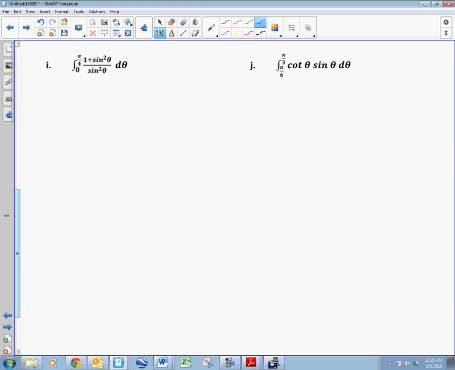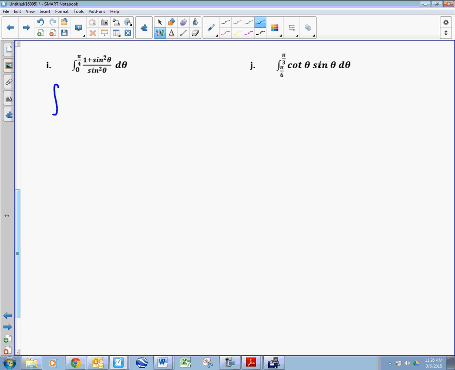Good thought, but incorrect. If it was a 1 minus sine squared, I could write as cosine squared, but this is 1 plus sine squared. Bo sees it. Anytime that you can divide through by the denominator, that might be a good option.